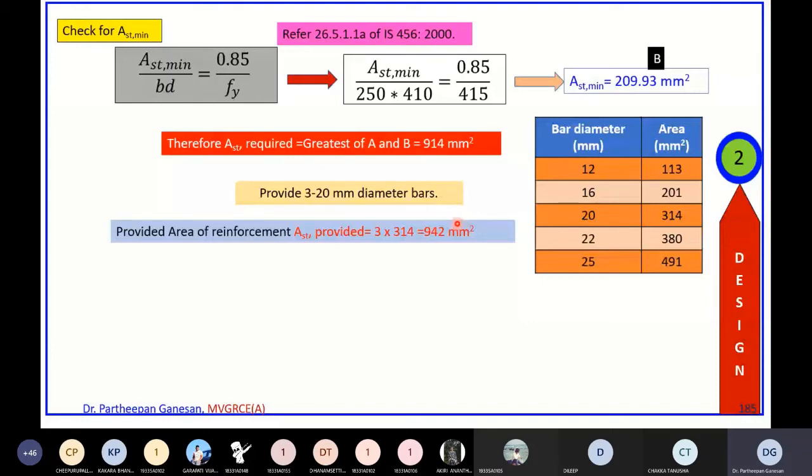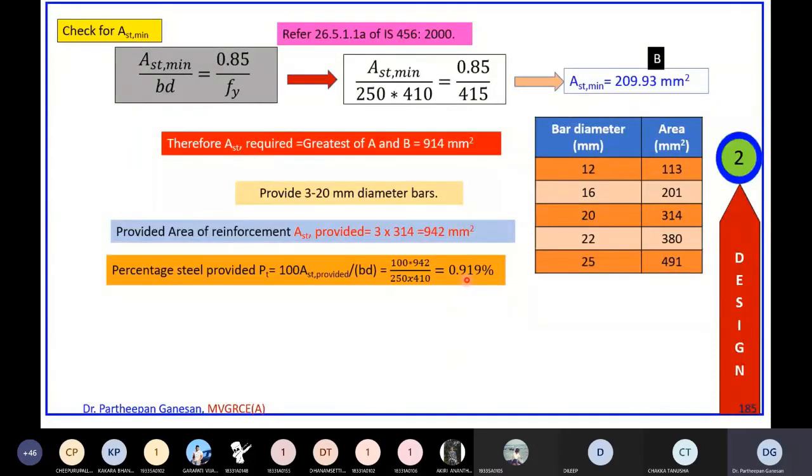PT is equal to 100 AST provided divided by small b into small d. That comes out to be 0.919 percent. This is the amount of steel I provided. Remember, this should be less than 4%, so obviously it is.